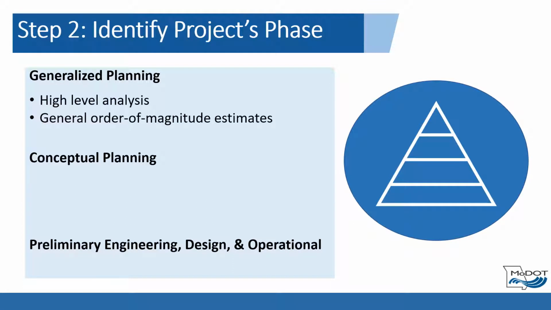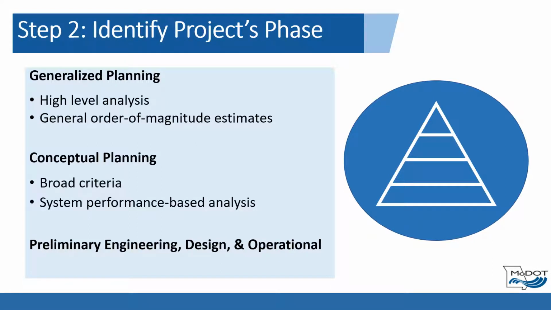The generalized planning phase is a high-level analysis of transportation system elements to obtain general order of magnitude estimates of performance-based capacity constraints and operational control.